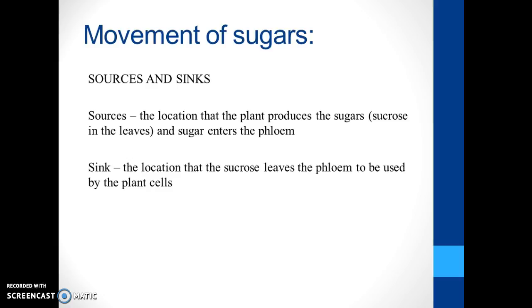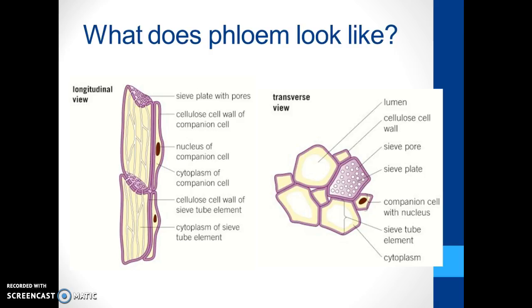So movement of sugars then, the last little bit, we have what's called sources and sinks. Sources are where the sugar is made, so in the leaves where we make the sucrose, and the sink is where it's going to be used up. So just to have a quick look, this is what phloem looks like.